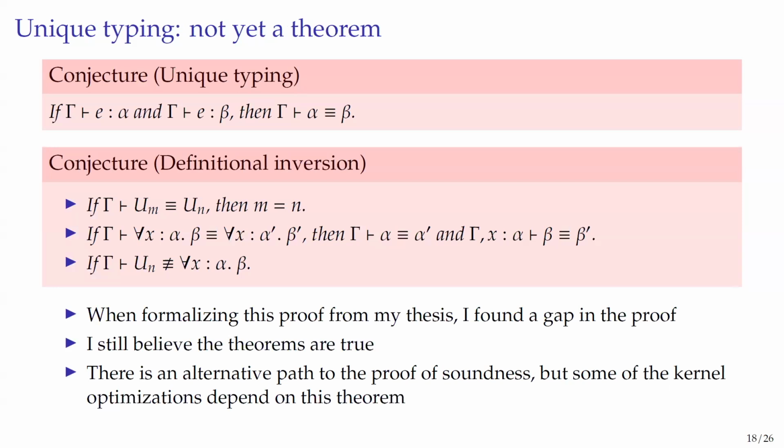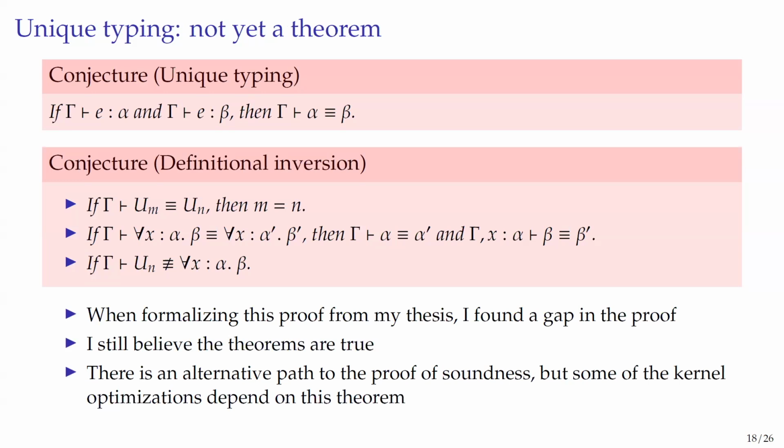So the biggest theorem in my master's thesis was unique typing. While I started formalizing this theorem, I found a gap in the proof, but I still believe that these theorems are true, and there's an alternative path to the proof of soundness. So basically, the statement here is that if you have a term that has two types, alpha and beta, then those types are definitionally equal.